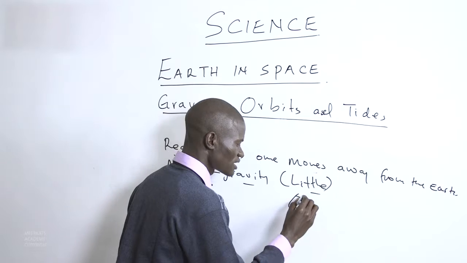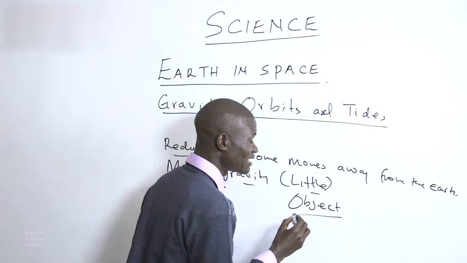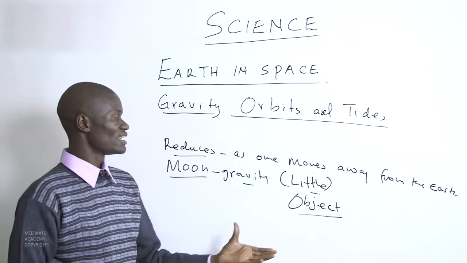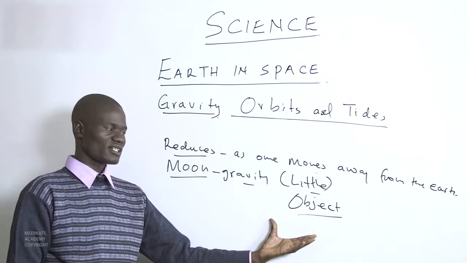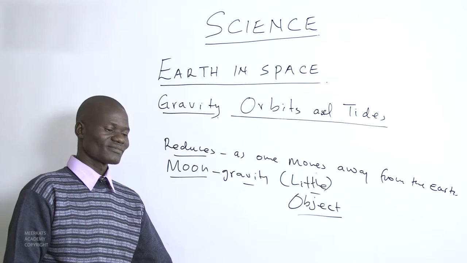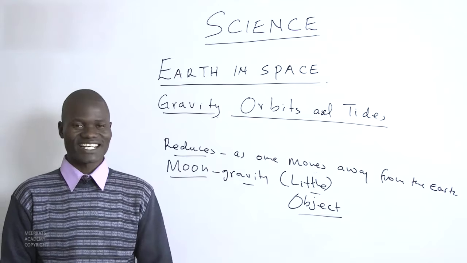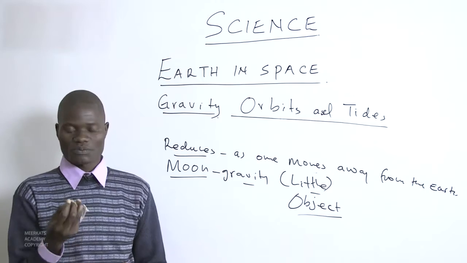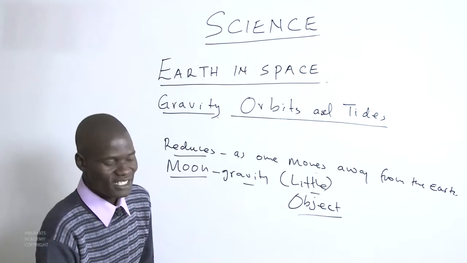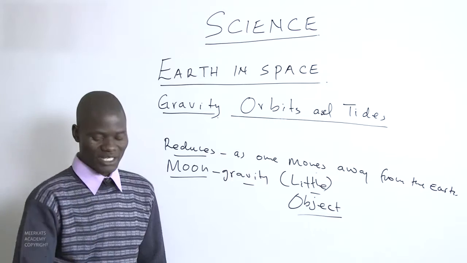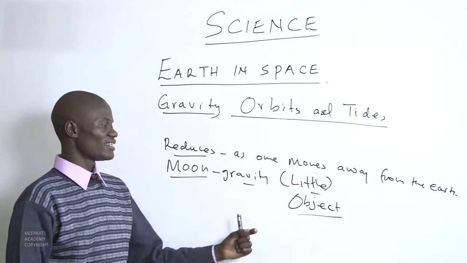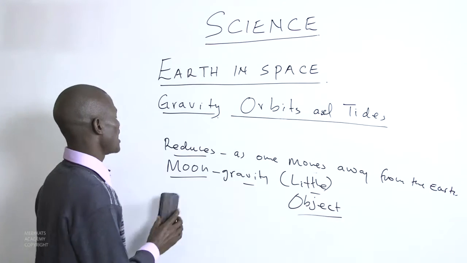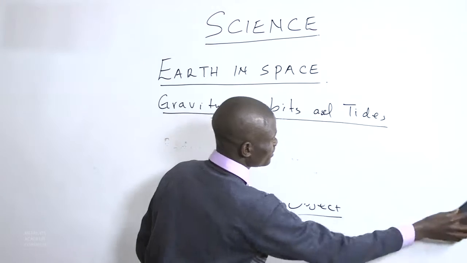Therefore, if you are on the moon and you throw an object into space, there will be no effect of gravity. Therefore, the object may not come back, as we have been able to see. If you throw an object on Earth, it comes back. But if it is on the moon, it goes and goes and goes. That means there is very little or negligible gravity on the moon.